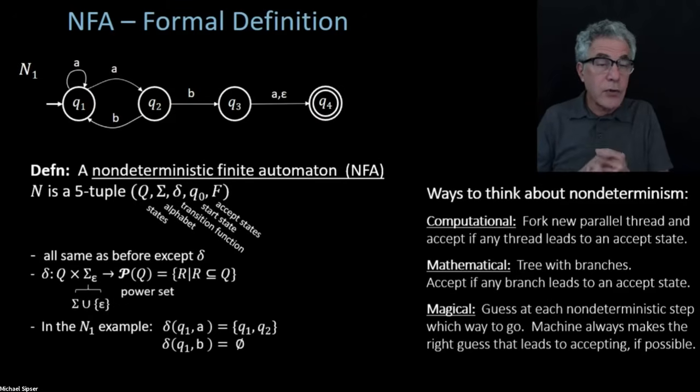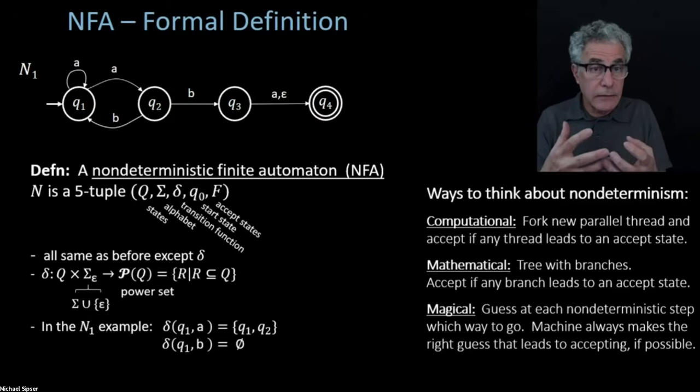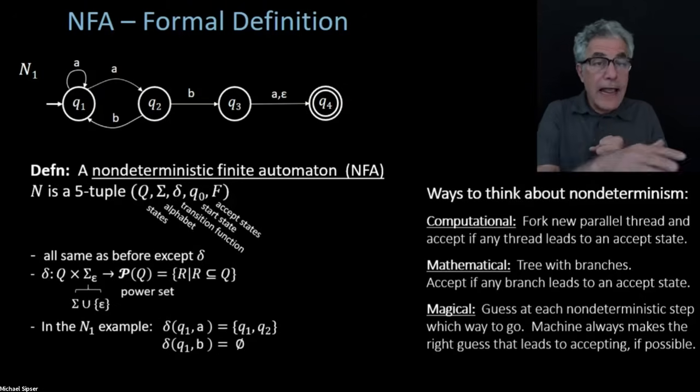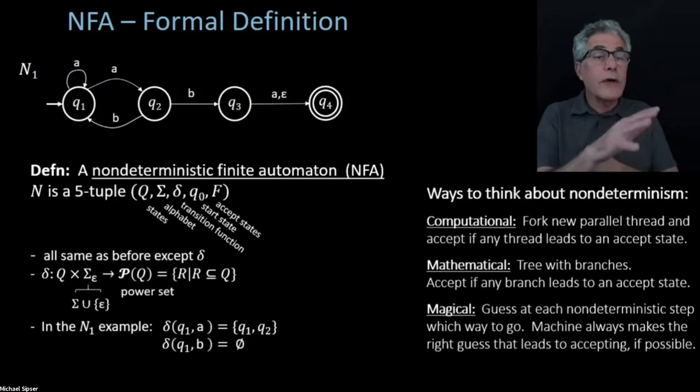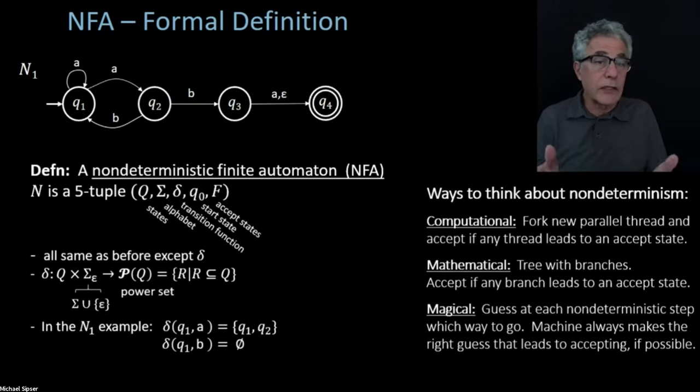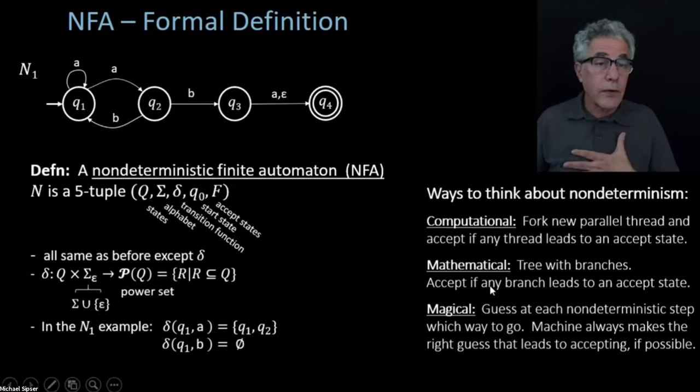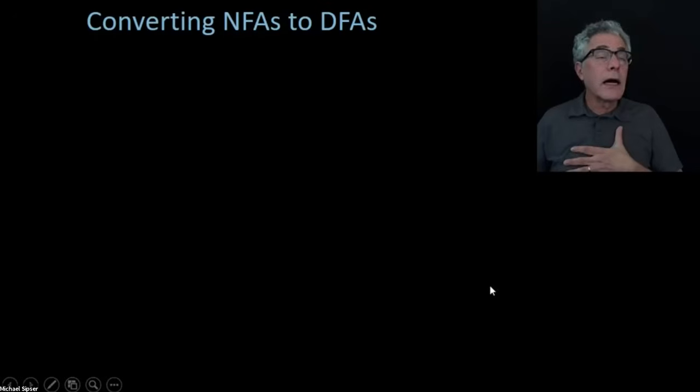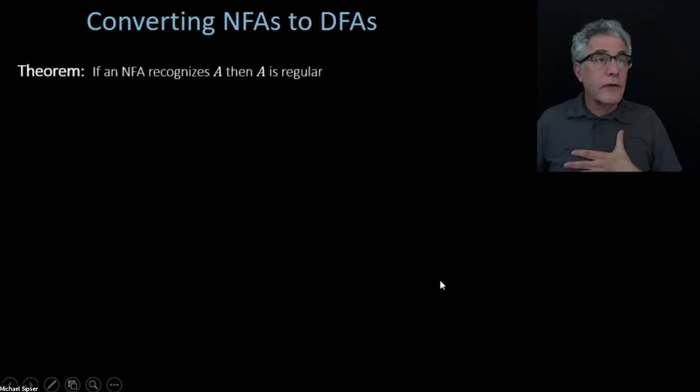You can think of the machine as guessing which is the right way to go, and if there is some right way to go, it always guesses right. Of course, if the machine ends up rejecting because there is no right way to go, then it doesn't matter. There is no good guess. But if there is some good guess, we'll think of the machine as taking that good guess and going that way.